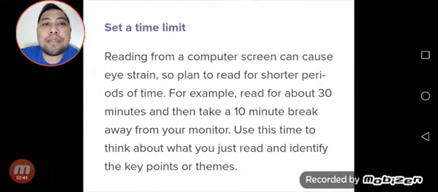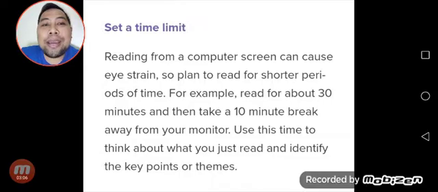Okay? Next, set a time limit. Reading from a computer screen can cause eye strain, so plan to read for shorter periods of time. For example, read for about 30 minutes and then take a 10-minute break away from your monitor.